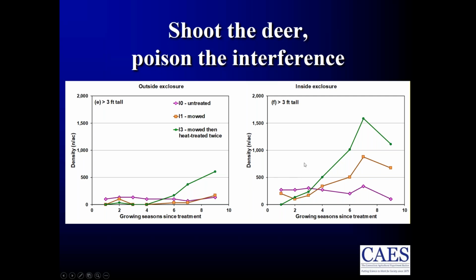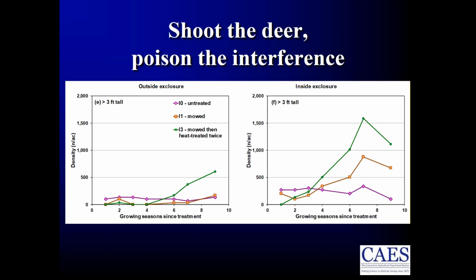Well, inside the exclosure, where we didn't have any deer browse, the regeneration of trees at least 3 feet high went up really quickly where we controlled invasives. That would be the orange squares and the green circles. It's interesting that on the right-hand one, the purple diamonds, just preventing deer browse if you have a lot of invasives wasn't enough to get the regeneration going.